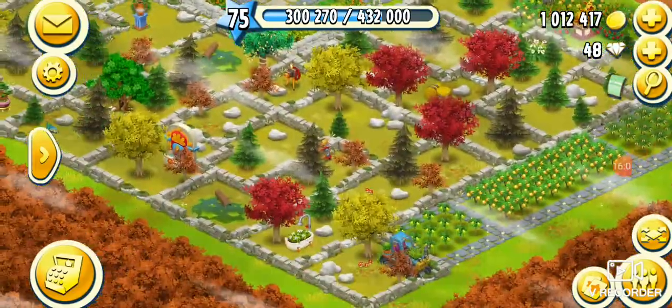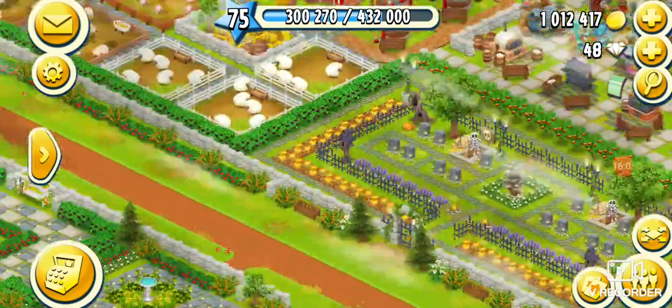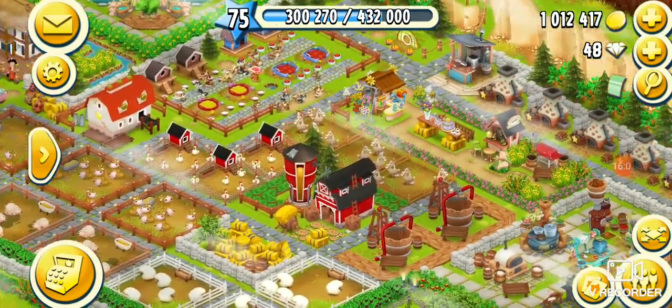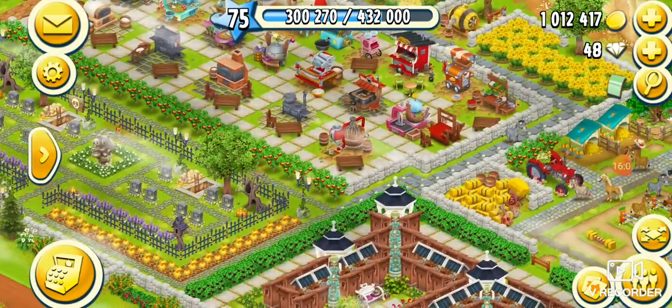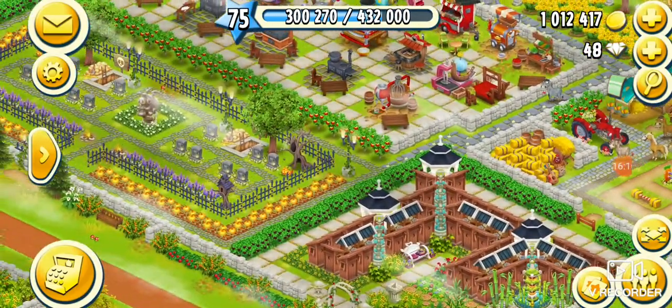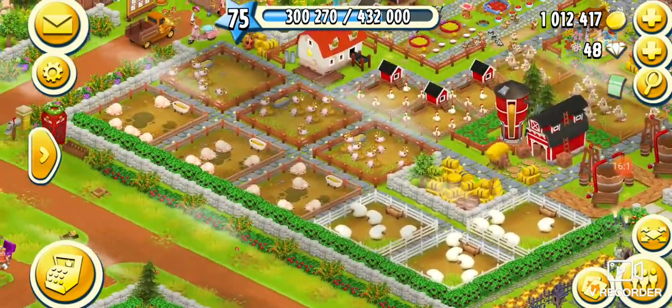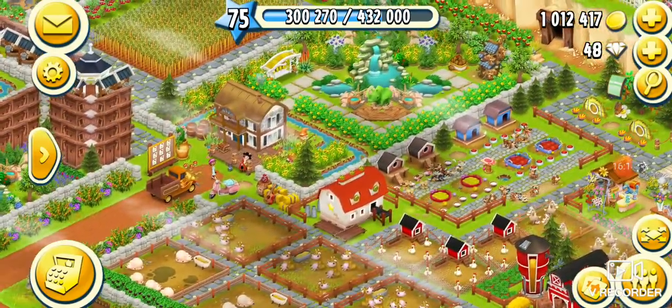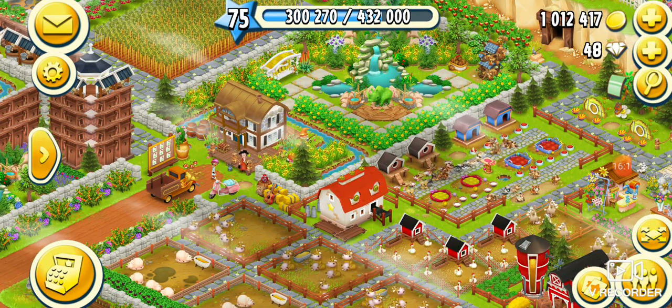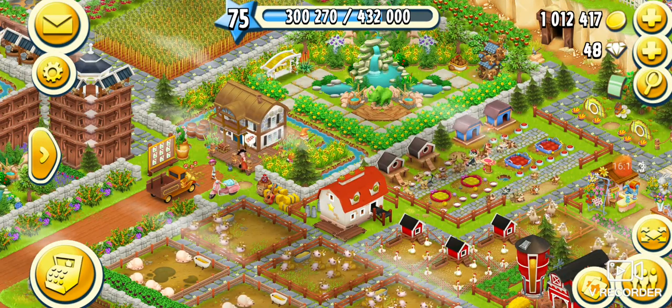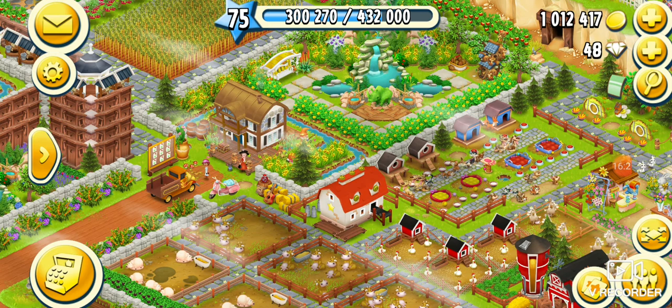Not like this, like that. And that's how I do all my designs on all my farms. That's just how I do it. That's how I feel that I get the best out of all my designs.